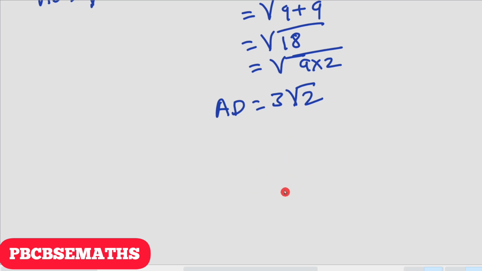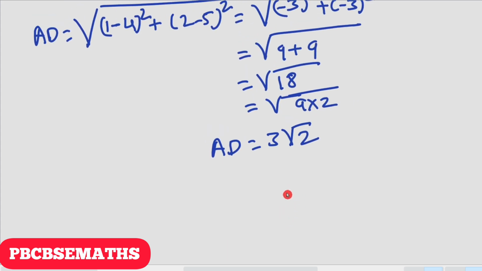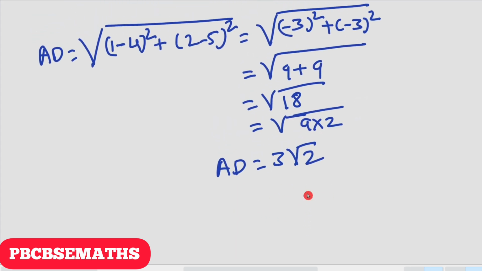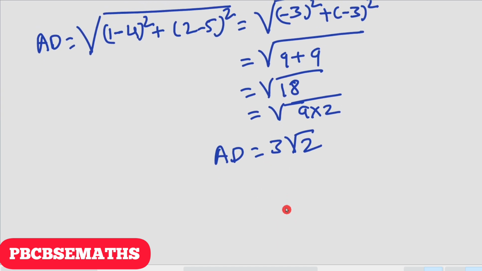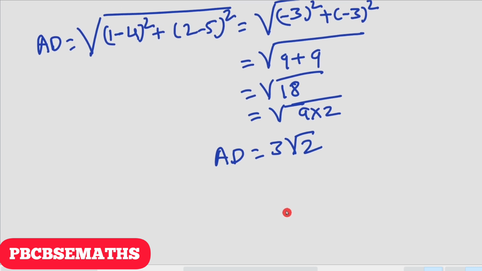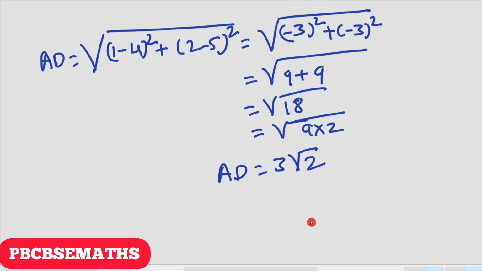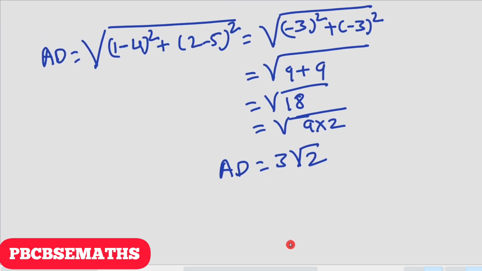For that, let's find the values of AC and BD, that is, the diagonals. If diagonals are also equal, then we can say that the given quadrilateral is a rectangle. Or we can even check that with the help of the Pythagoras theorem. Let's check whether the diagonals are equal to each other or not.